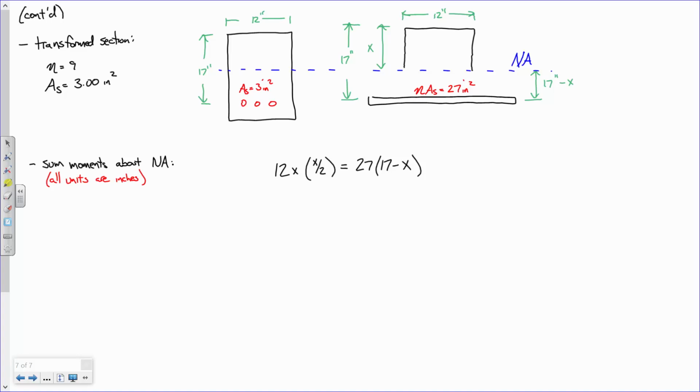Yes, sir? Are we excluding the concrete that was around the steel? That's what I'm saying. The question was, are we excluding all that other concrete? The answer is yes, because all of that concrete is in tension. It's cracked. Think about it like this: imagine bending a beam and there's a crack in it. It's like there's only half a beam.